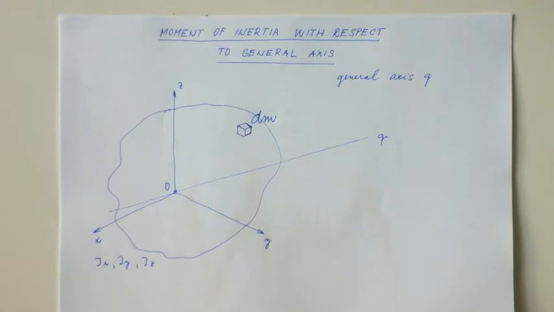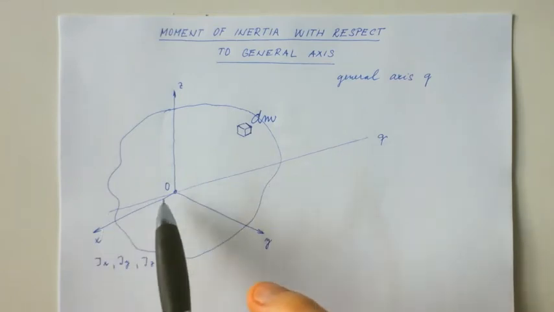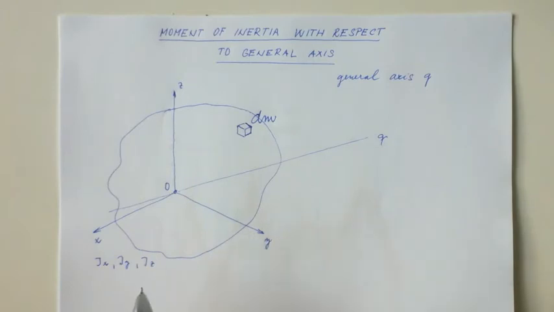And what if we would like to calculate the moment of inertia of a body with respect to any other axis, which is not a part of the coordinate system? So now I will show you how to do it.